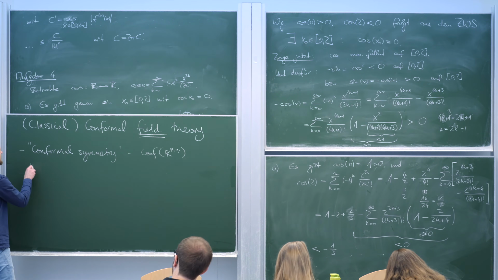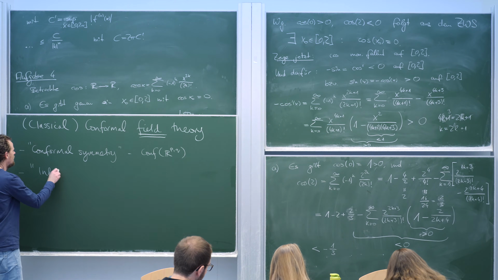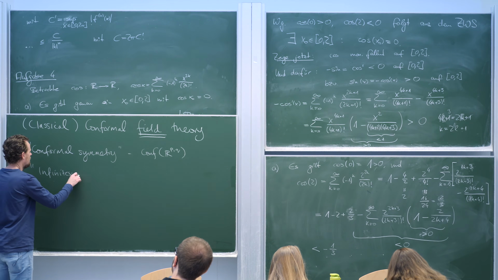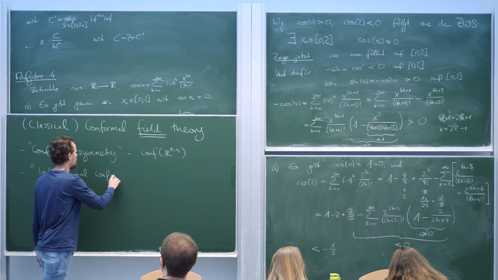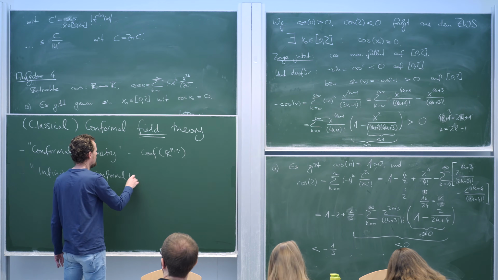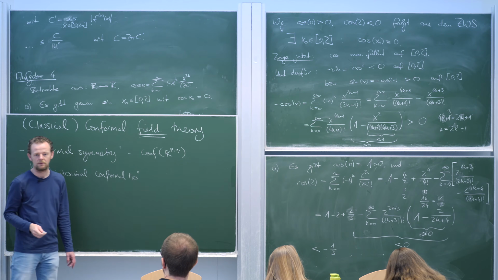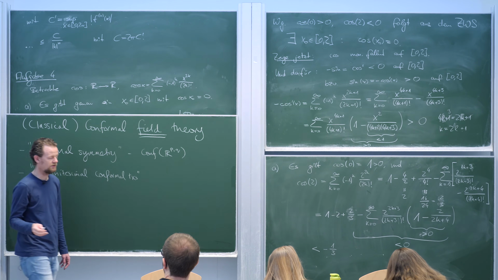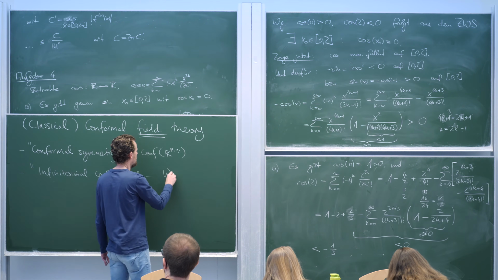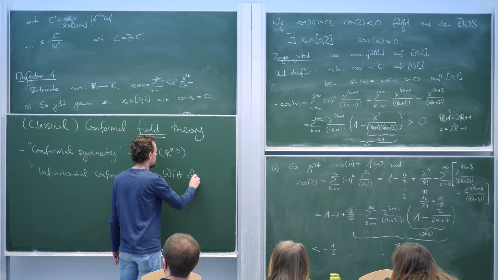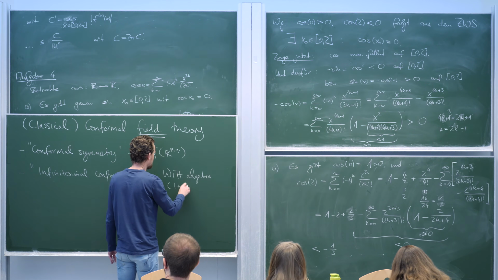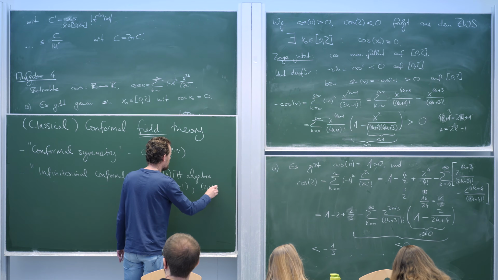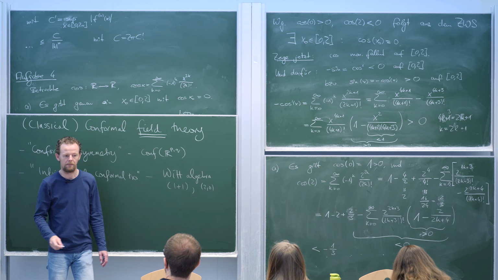We also discussed infinitesimal conformal transformations. And that led to an algebra called the Witt algebra in 1 plus 1 or 2 plus 0 dimensions.